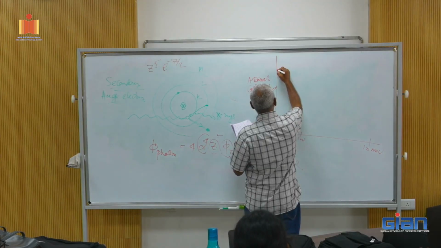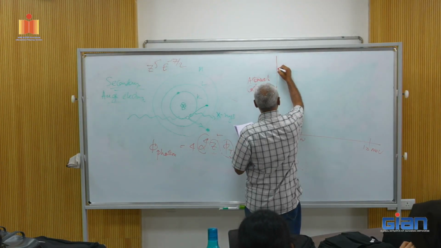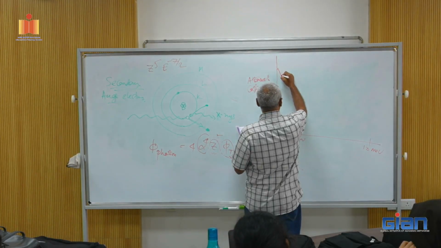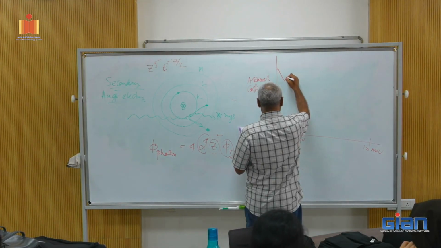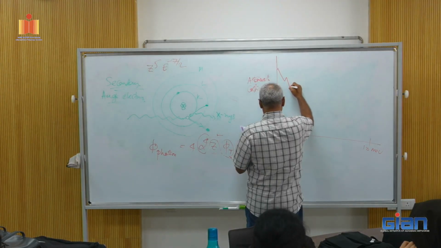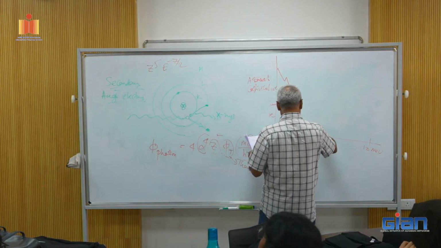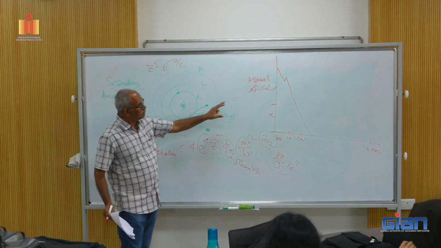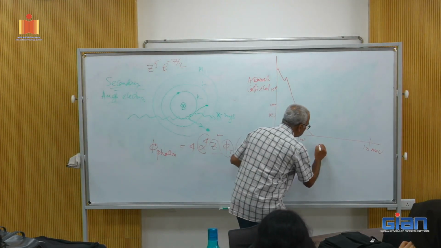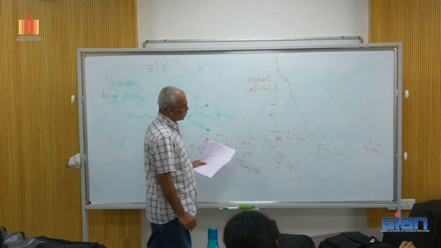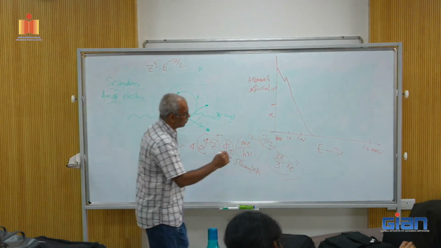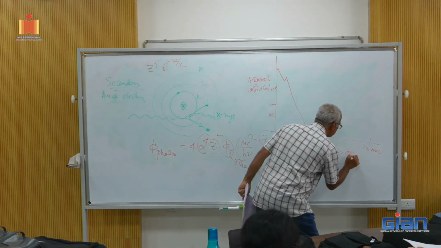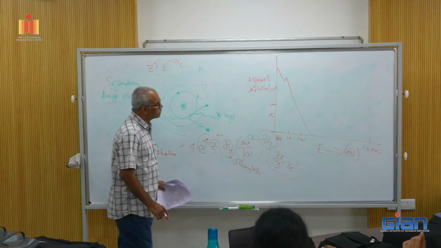So you will have something like this. This is the photon energy, in keV or MeV, let's say in electron volt units.